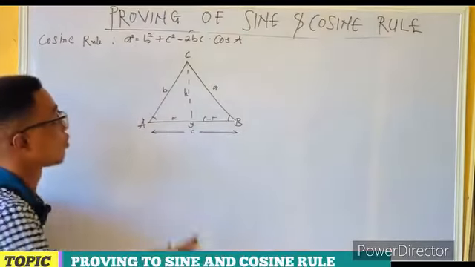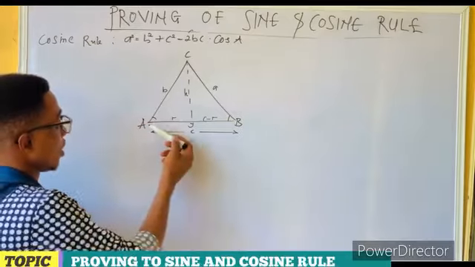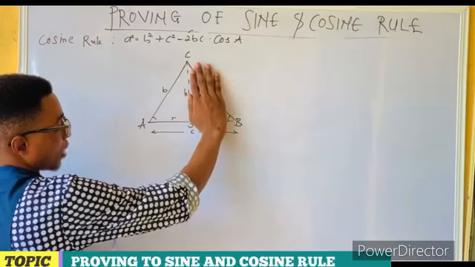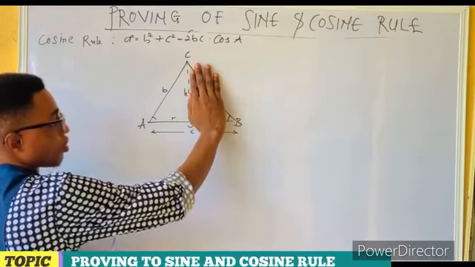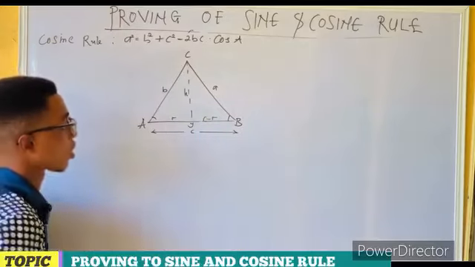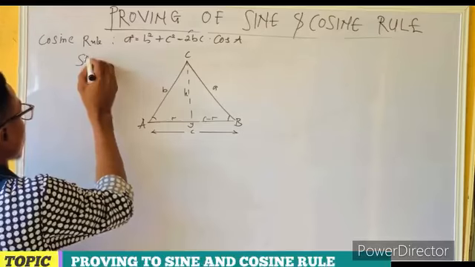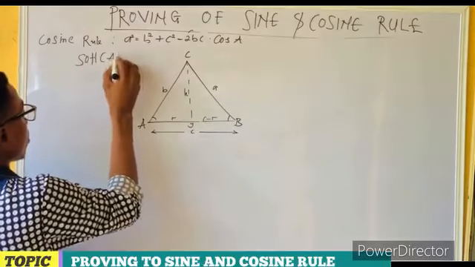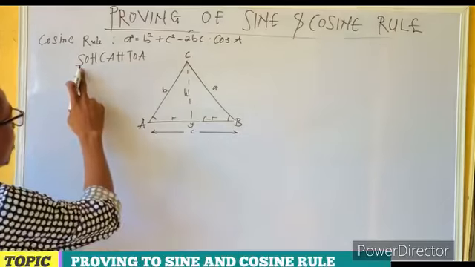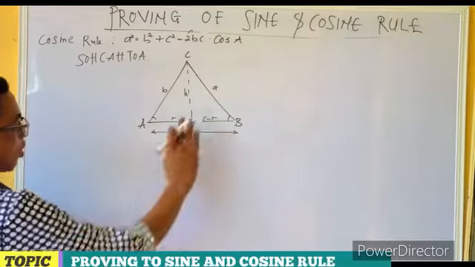For us to prove this rule, we need to consider angle ACY. Let's forget about this part of the triangle for now. We're talking about this part of the triangle. Now, I believe that we are familiar with what we call SOHCAHTOA. Sine A will be equals to opposite over hypotenuse.